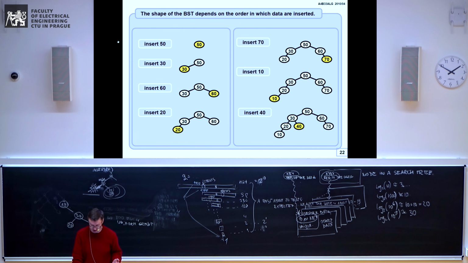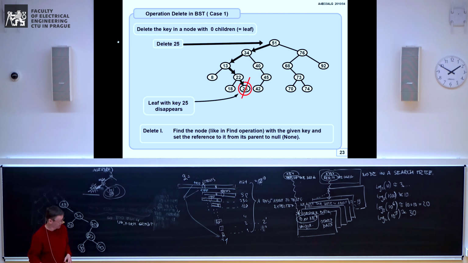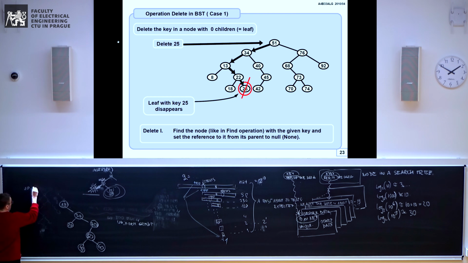More or less it is obvious that if they give you the same values in order 10, 20, 30 and so forth, 60, 70, your binary search tree would be completely degenerate.